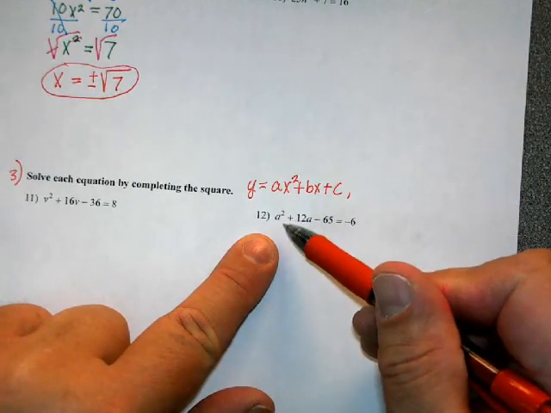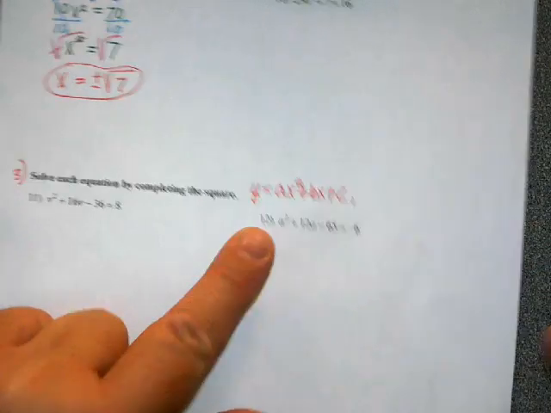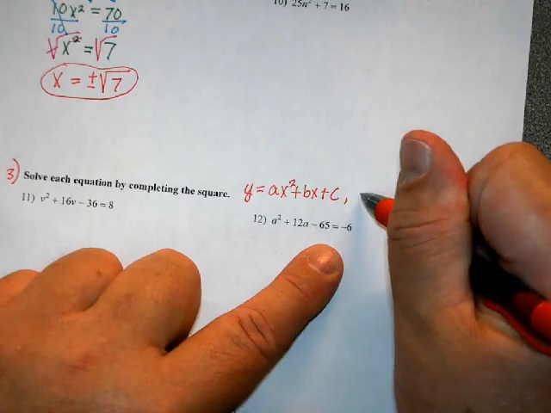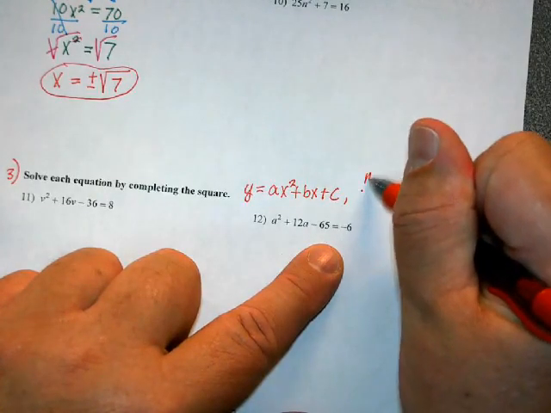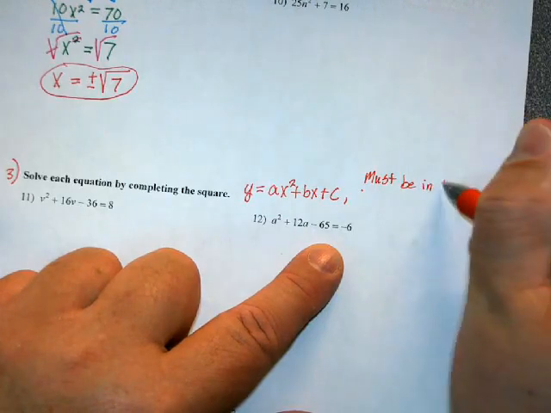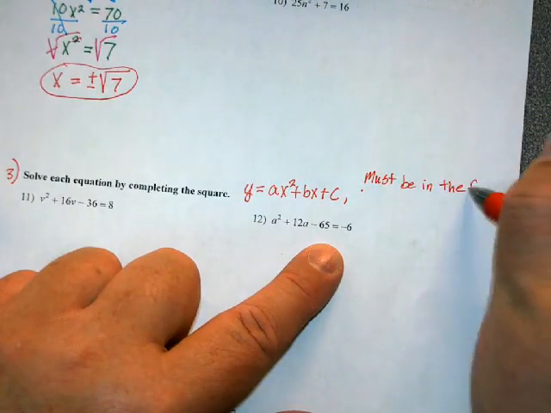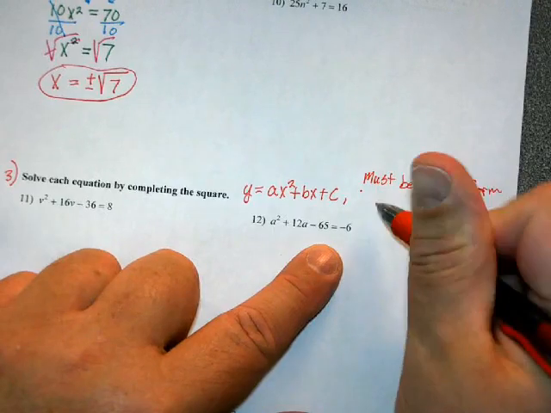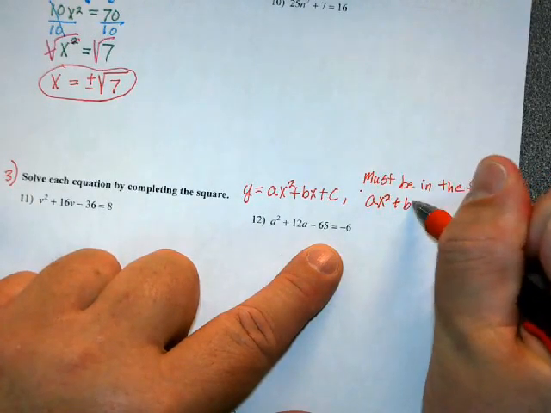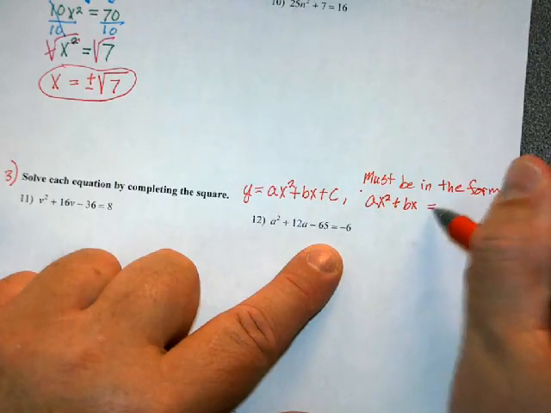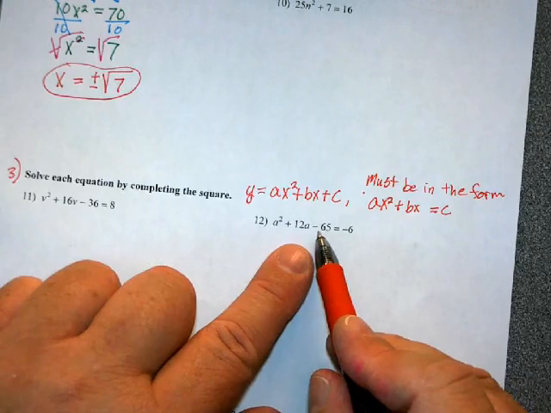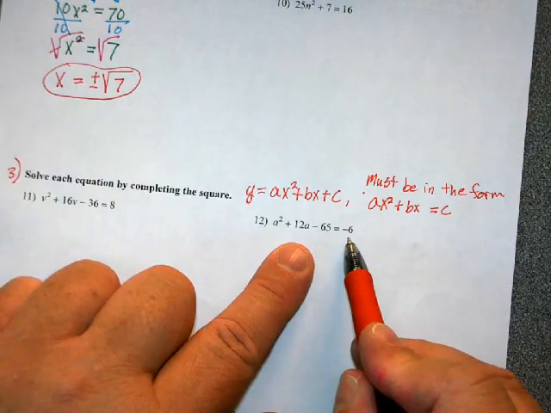Then we have to put it in the form, must be in the form, where I have my ax squared plus bx equal to c, the constant. So I have to move this c to the other side. So I'm going to add 65, right?